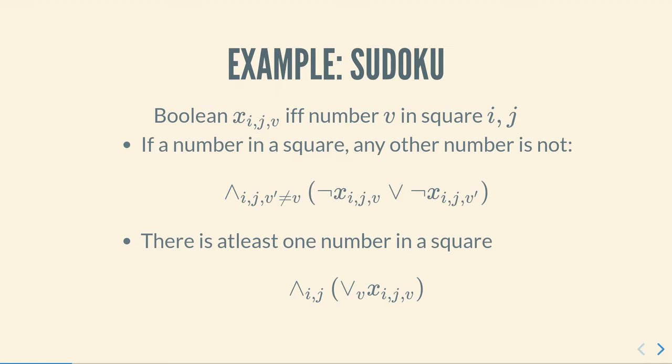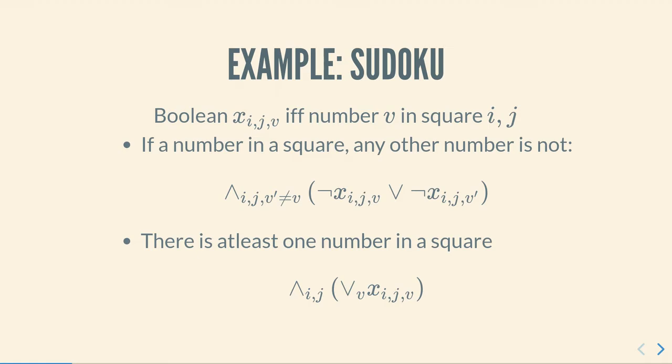So this is like x_ij1, or x_ij2, or x_ij3, all the way up to 9. One of those must be true to make that OR statement true. So these are two examples of minimal constraints: there must be one number in a square and not more than one.